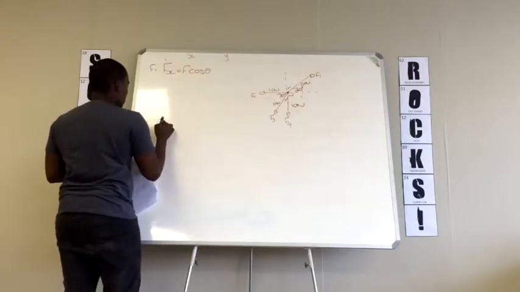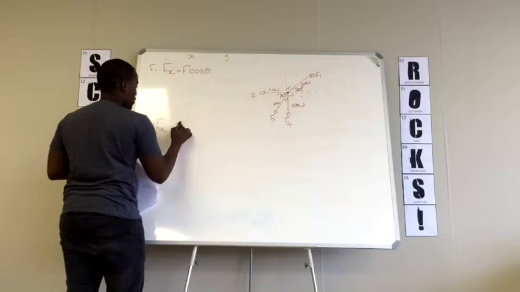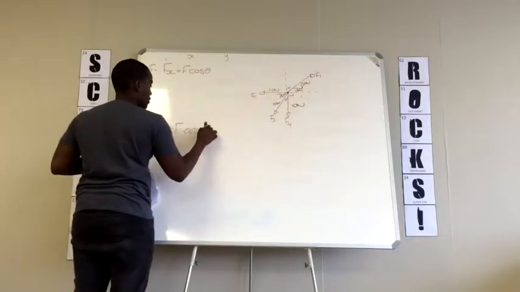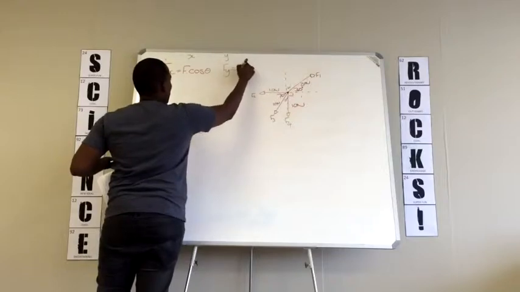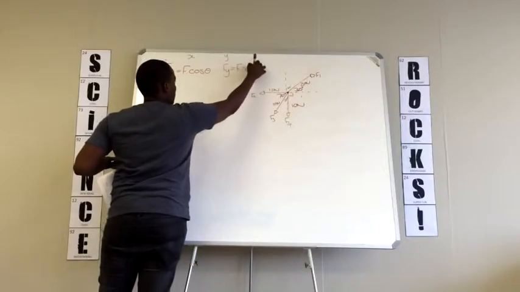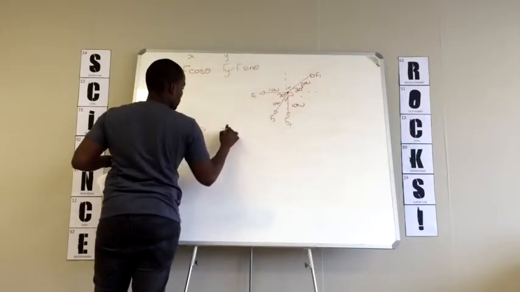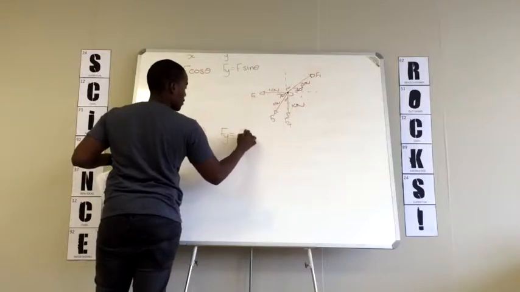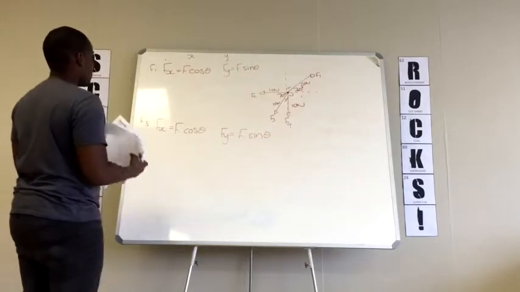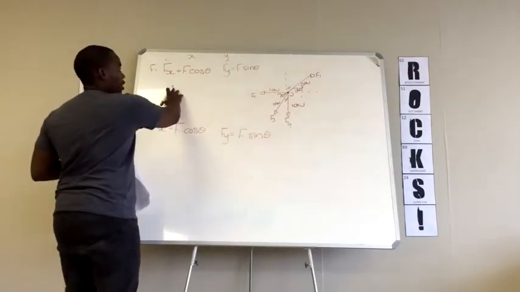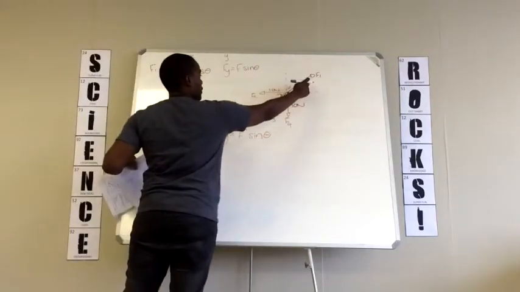And again here, Fx is equal to F times cos theta, and here Fy is equal to F times sine theta, and also here Fy is equal to F times sine theta. Okay, and then when we look at F1, our force is 20 newtons, our theta is 30.